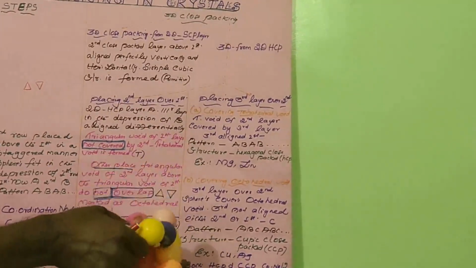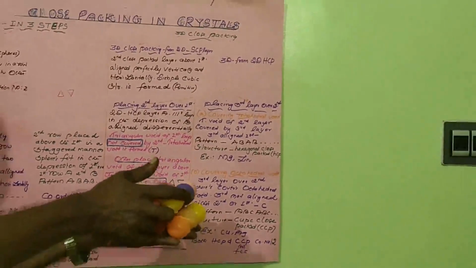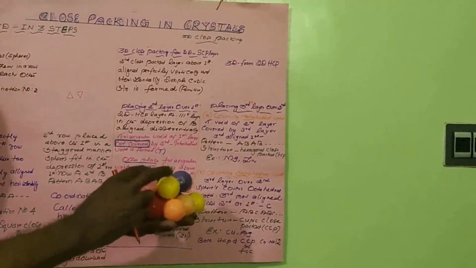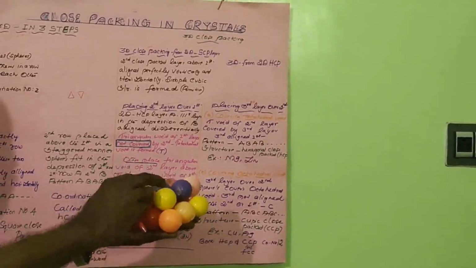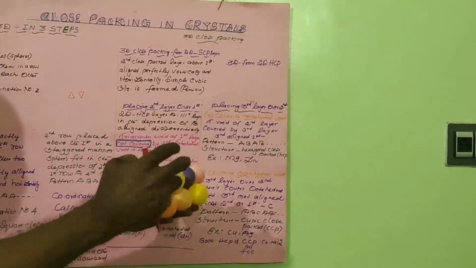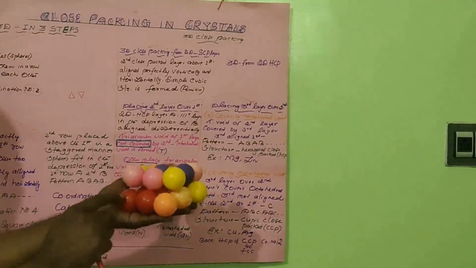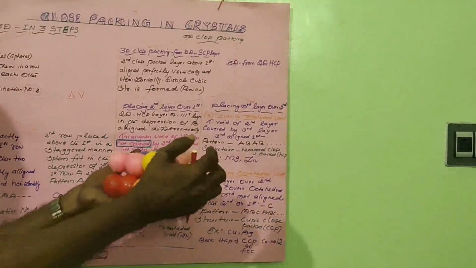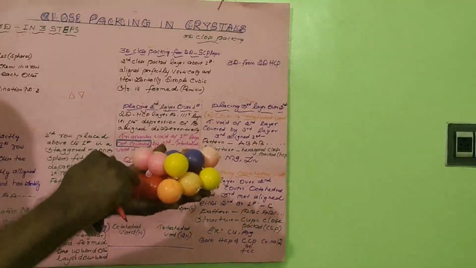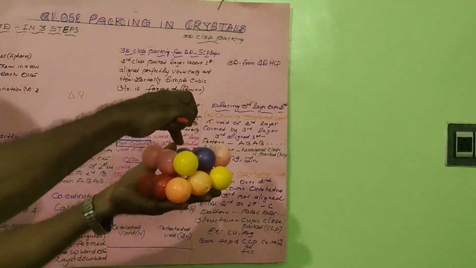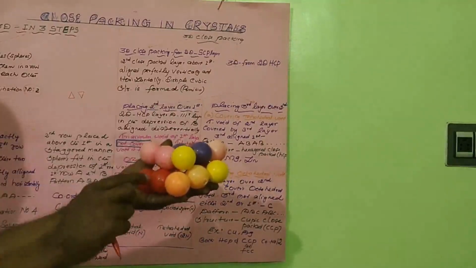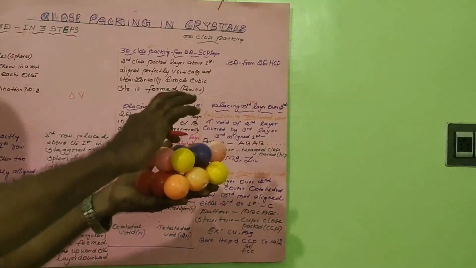When the second close packed layer is kept above the first, aligned perfectly vertically and horizontally, a simple cubic structure is formed. Here is the first square close packed layer and this is the second. They are aligned perfectly, the same vertically and horizontally. So here the coordination number is 8. This arrangement is known as simple cubic, that is primitive, with atoms only at the corners.